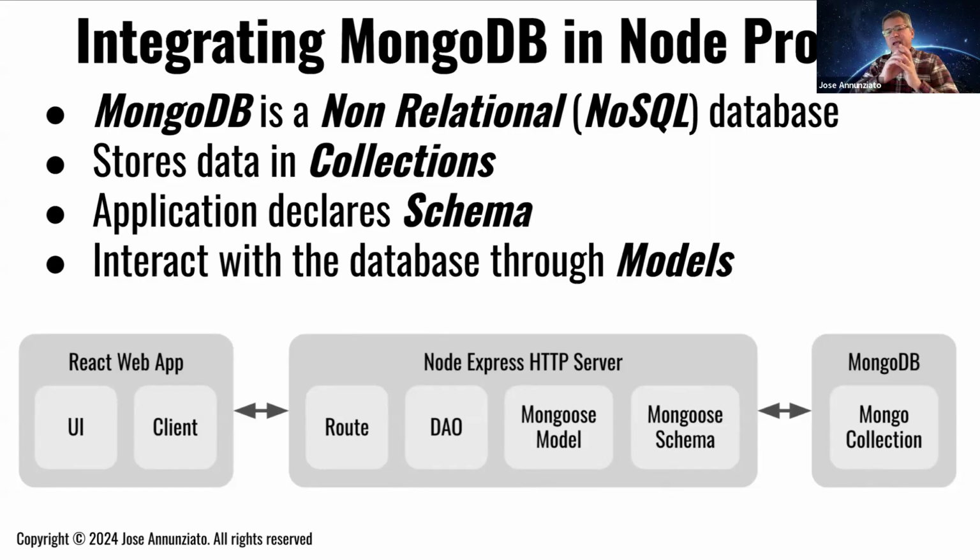You list all the fields and what the data types are, what the constraints are. You say this field is a string, you say whether it's required or not, whether you have some default values, things like that. Things that normally would live in a create table instruction in a relational database have been moved over to a library.